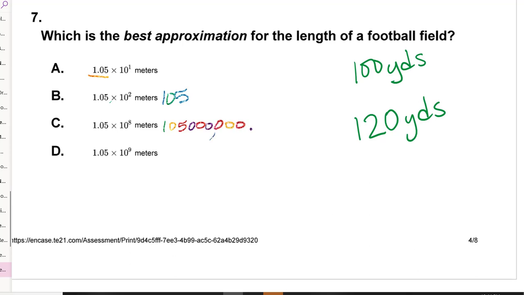What is this number? 105 million meters long. And then this one is even bigger, a billion. So the one that we would pick there is the one that's pretty close to the green numbers that I have over here on the right. I would choose B for that one.